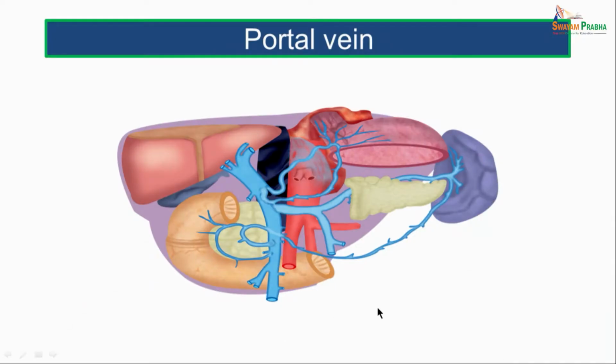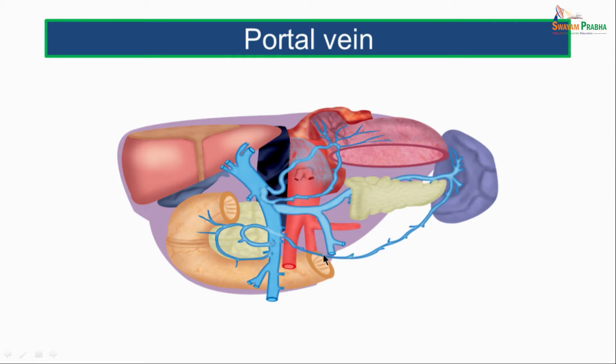The same is shown here in this picture: the entire venous system draining the stomach. So, what we see here is the short gastric veins draining into the splenic vein. The left gastroepiploic also drains into the splenic vein. The splenic vein, on its way to the formation of the portal vein, receives the inferior mesenteric vein and ultimately joins with the superior mesenteric vein to form the portal vein.